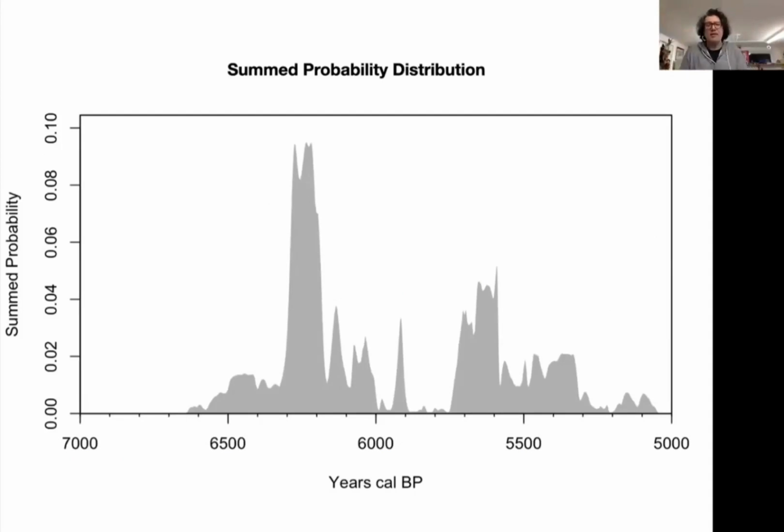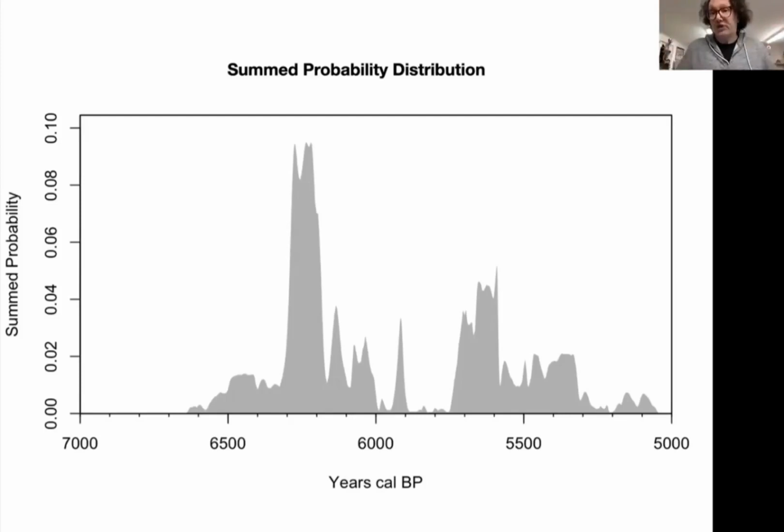The underlying assumption of this summed probability density is that the number and distribution of radiocarbon dates in time and space indicate the existence of settlement systems and settlement intensity, as more people and more settlements result in more activity and more radiocarbon dates.